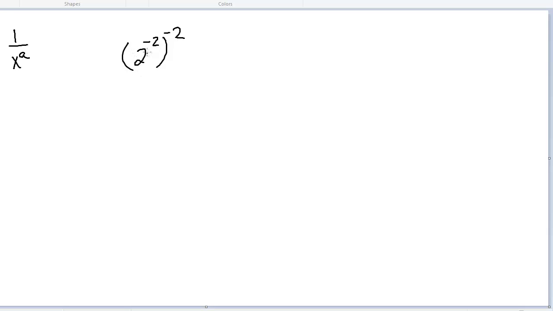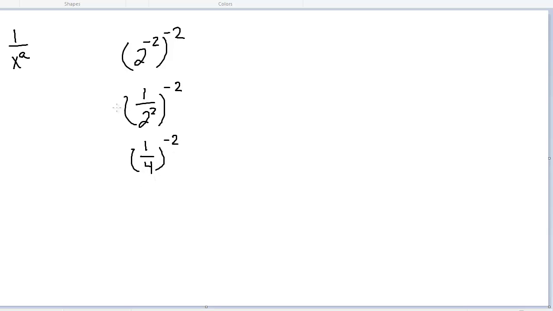What's inside the brackets is an exponent, and we have 2 to the negative 2, which is 1 over 2 squared, all to the negative 2.